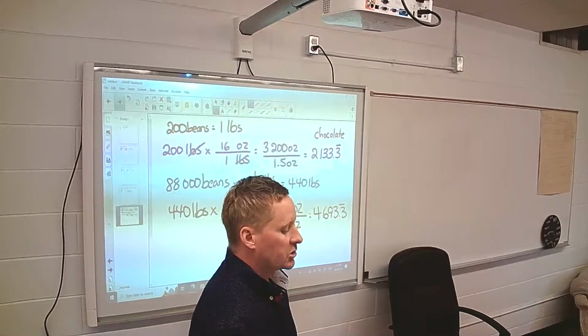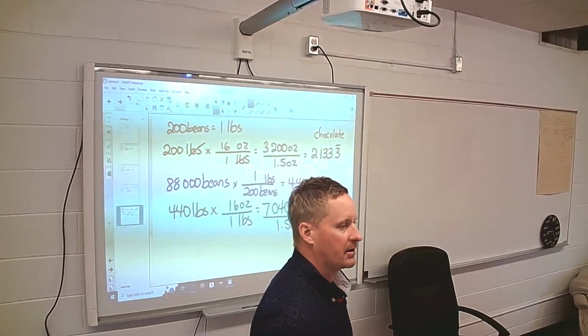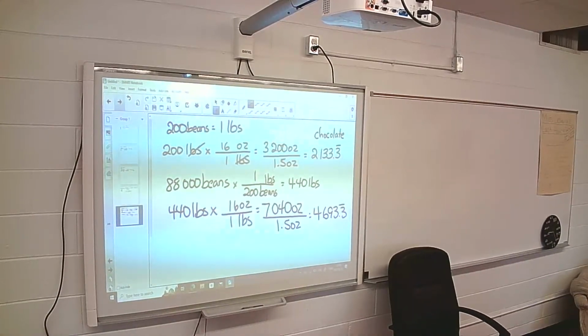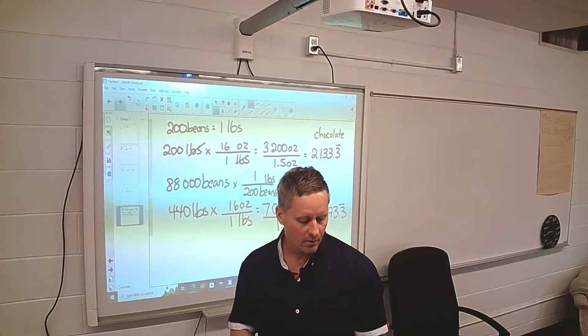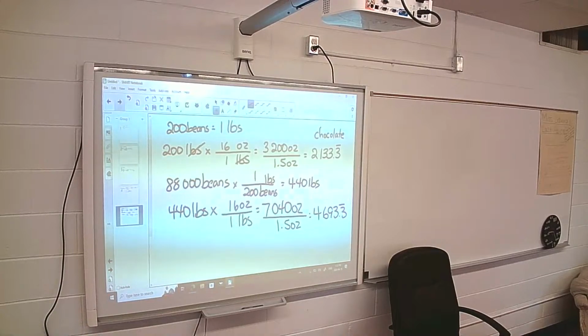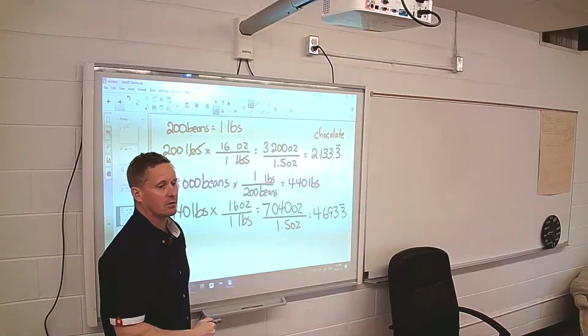Okay. So the beans are shipped in the 200-pound sacks. That was irrelevant information to you. The only thing that we needed to know out of that 200 pounds of sacks is how many beans were in that 200-pound sack. Because remember, that 200 pounds was not 200 pounds of chocolate. When we did it up here, we thought that meant 200 pounds of chocolate.